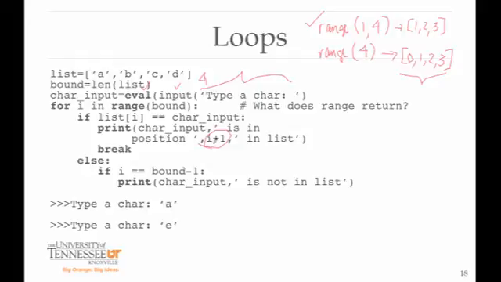And then, of course, the alternative is, if the current list item I'm looking at is not equal to the user's input, then I'm going to continue to search for it. In this case, we will reset I to be bound minus 1 and say that the character is not in the list.